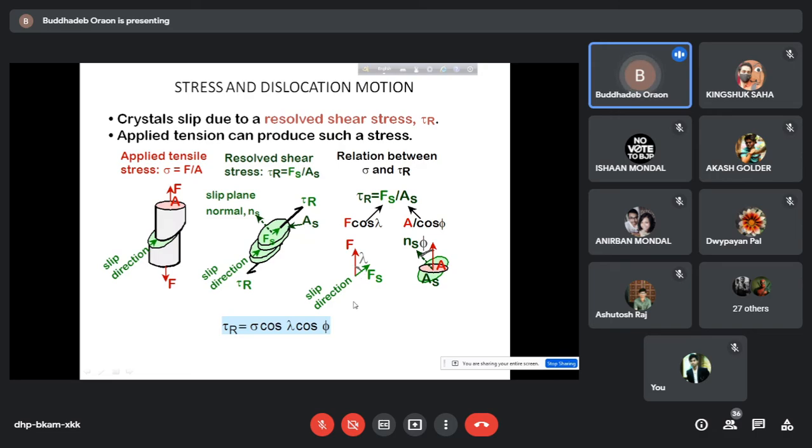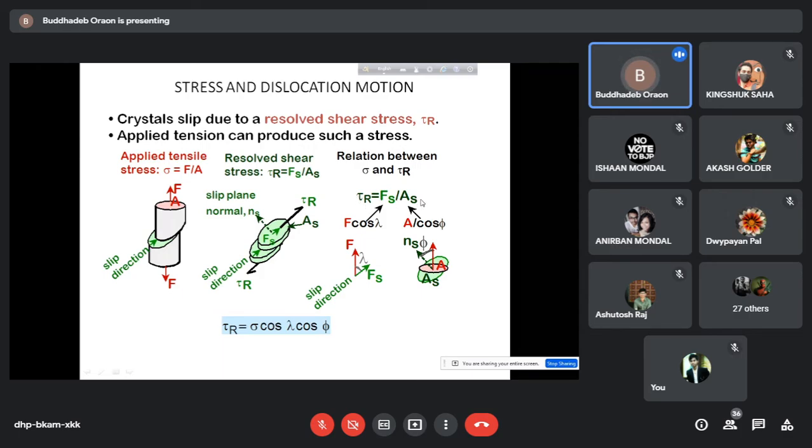So from here, if we perform some calculations, this is A in this direction, F_S. Let us take this angle as lambda, and another angle we denote as phi. So phi plus lambda equals 90 degrees. Just see the notations.